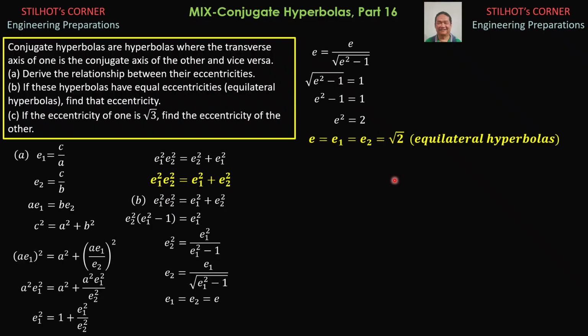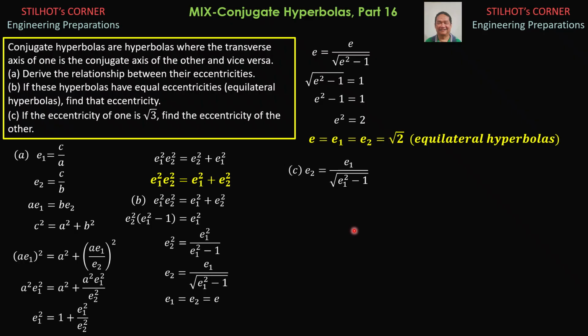Then lastly, if the eccentricity of one is square root of 3, find the eccentricity of the other. So from this derived relationship here, E sub 2 equals E1 over square root of E1 squared minus 1. We simply replace E1 by square root of 3.